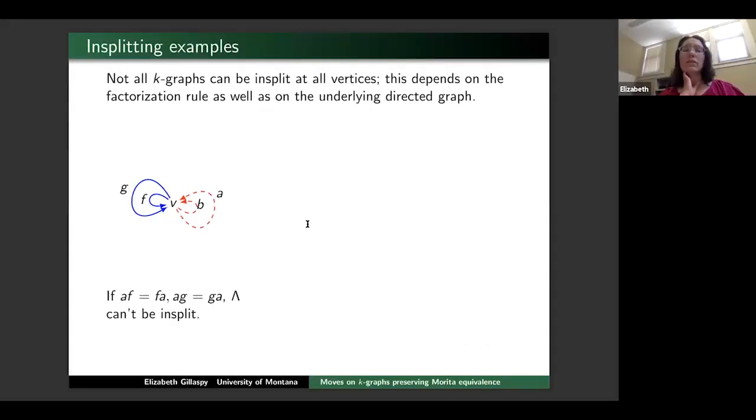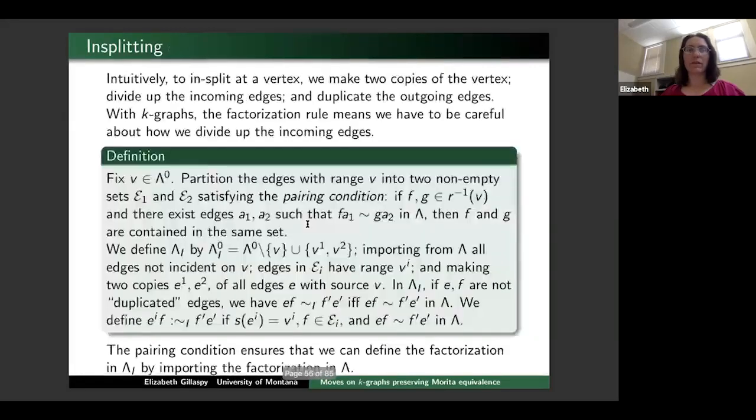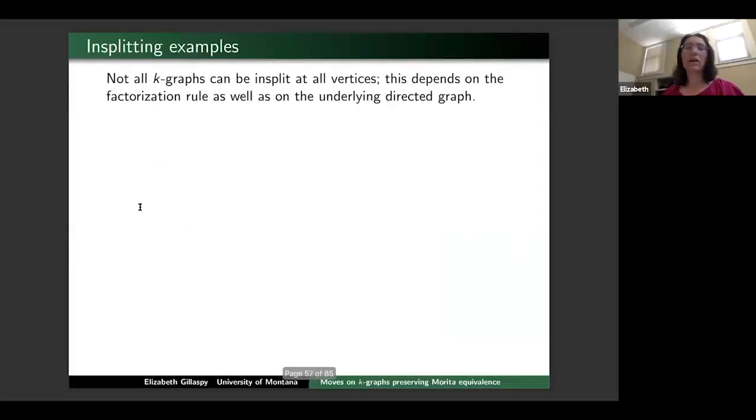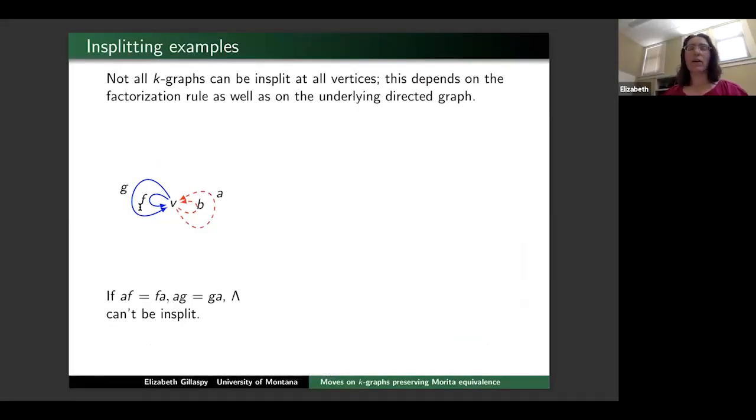Another interesting thing to note is that here we required these sets E1 and E2 to be non-empty. That requirement can mean that we actually can't always insplit at a given vertex. For example, here we've got one vertex and two edges of each color. G and F are blue and A and B are red. Because we've got multiple edges of each color, we've got some choice in the factorization.